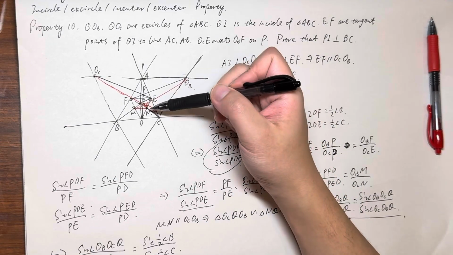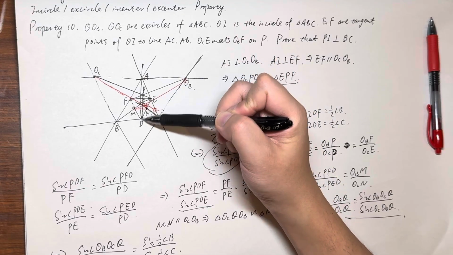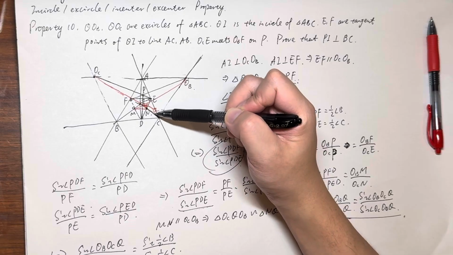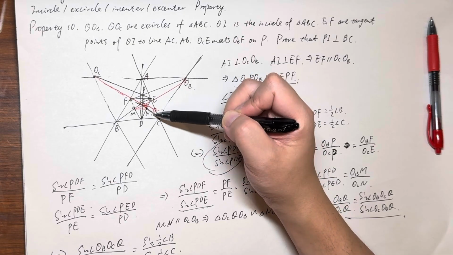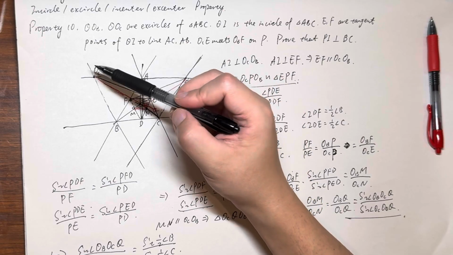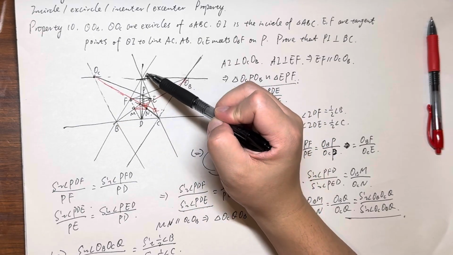Think about that. N is a midpoint of DE. CN is actually the angle bisector of angle BCA. And we know that OCC is also the angle bisector of angle BCA.